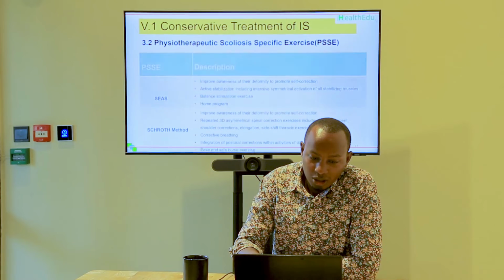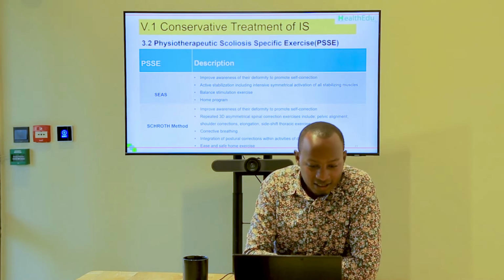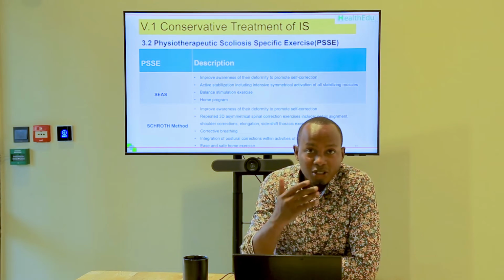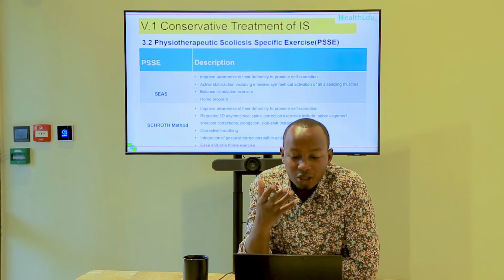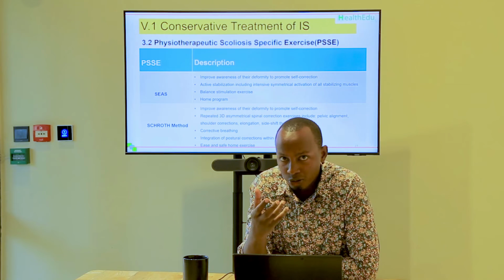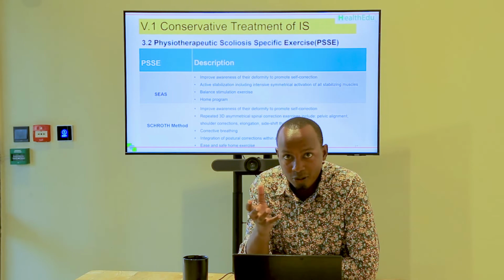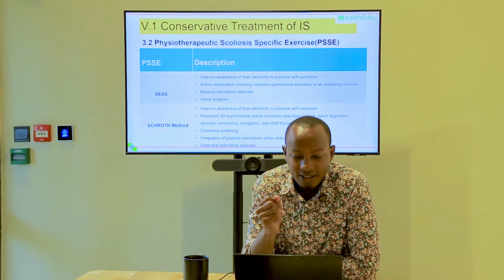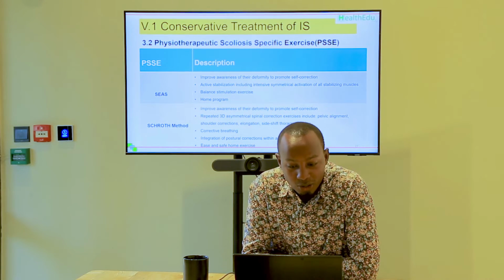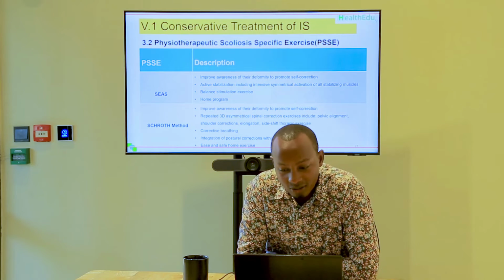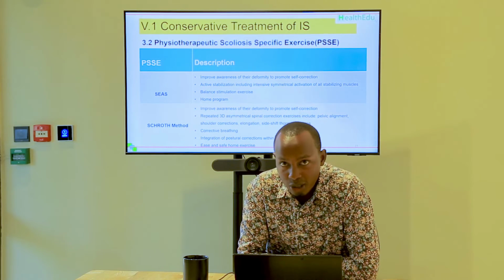So let's see one by one. The SEAS: first you have to help the patient to understand or be aware of their deformity and promote self-correction, because this is about self-correction exercises. And you have to activate the stabilization, including intensive symmetry activation of all stabilizing muscles.